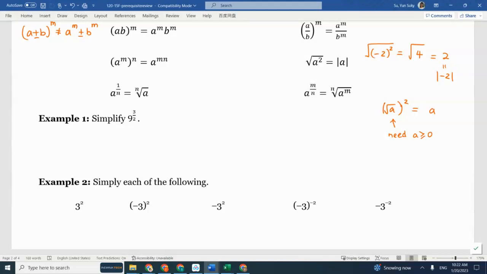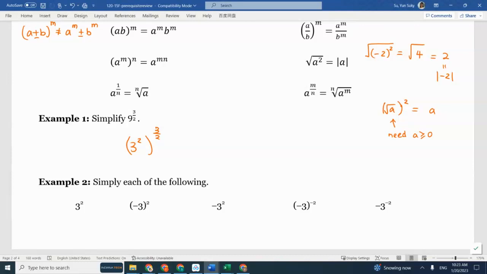When you see 9, what's 9? 3 squared. Exactly. Your calculator won't tell you 9 equals 3 squared, but you can think, okay, 9 is 3 squared. So you replace the 9 by 3 squared.